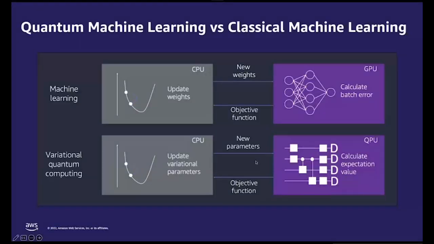That is similar to one of the previous sessions on quantum chemistry, where we used our CPU to optimize the variational parameters for the QPU.